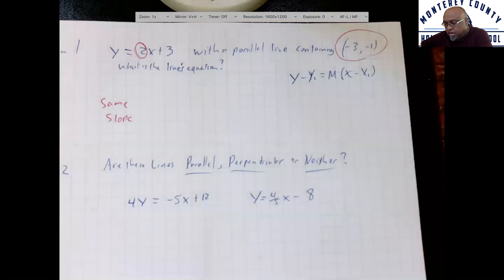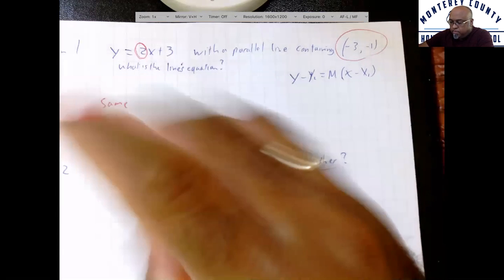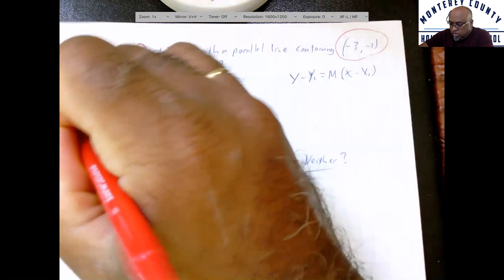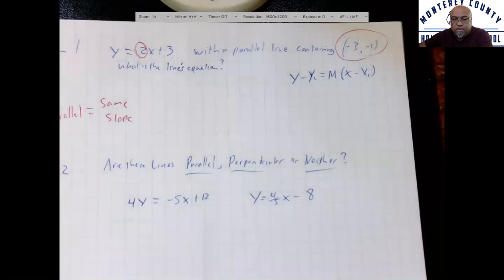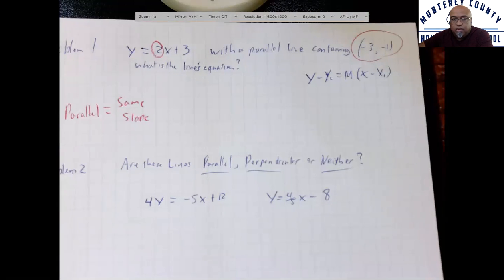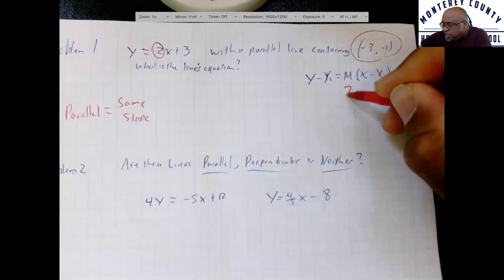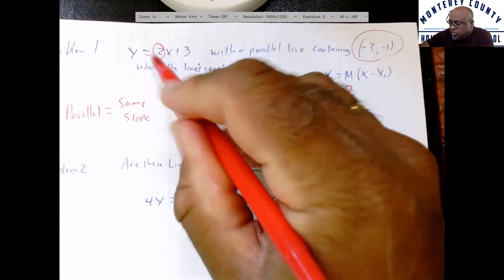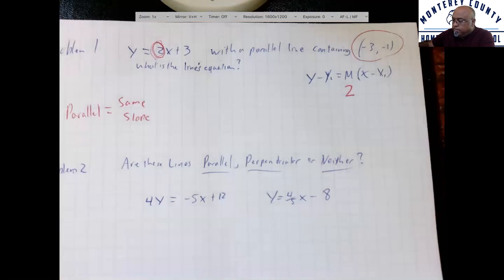Okay, so now I know that they're parallel, they have the same slope. Parallel equals having the same slope. So therefore, the letter for slope is m. I can substitute the slope from the original line and place it there.